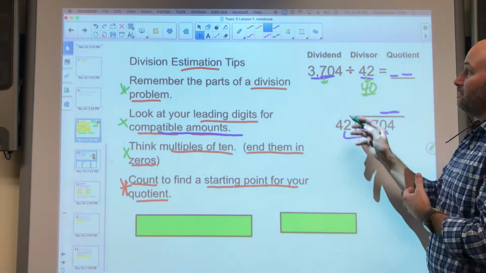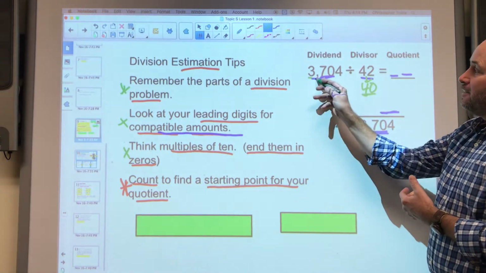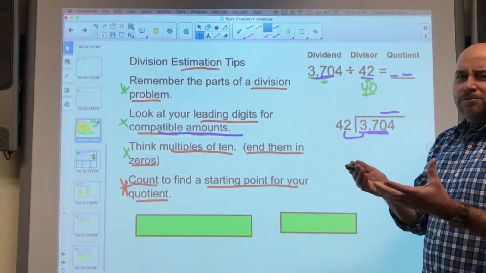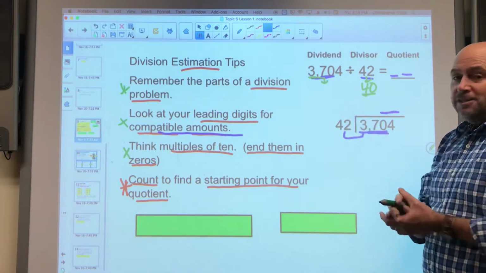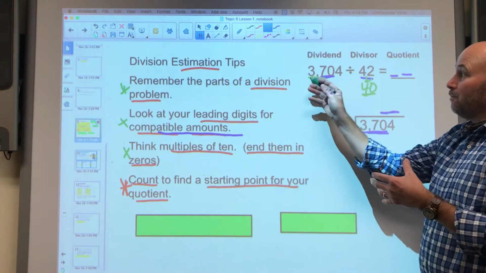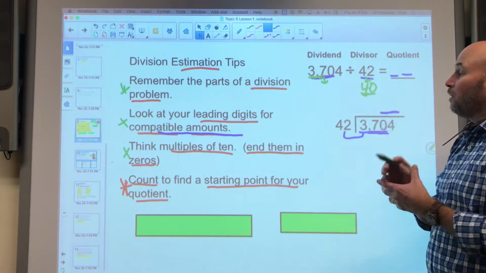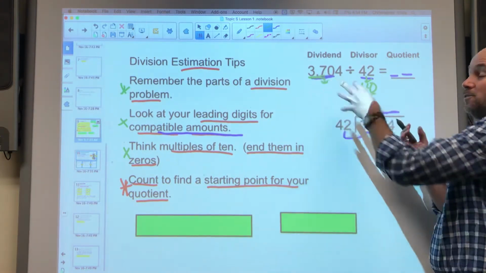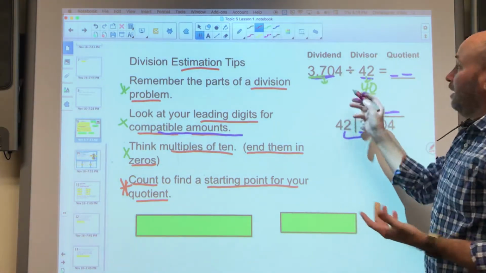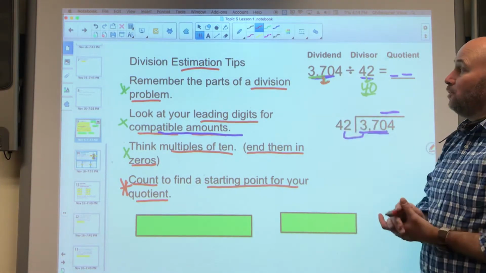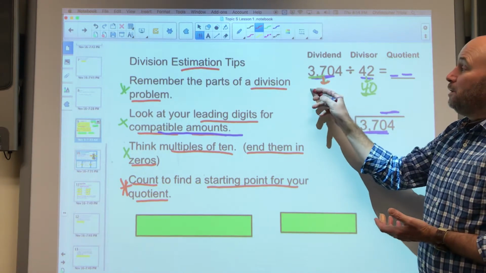We're not going to put 4 into 3 to get our estimate. We're going to look at 37 and get a compatible number, because 4 will go into a number close to 37. A multiple of 4 that is close to 37 would be 36.